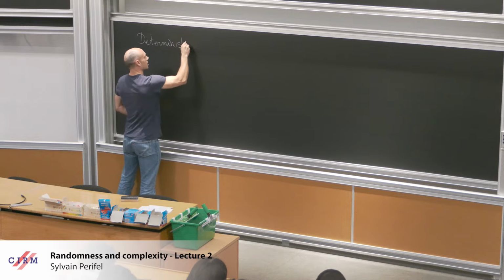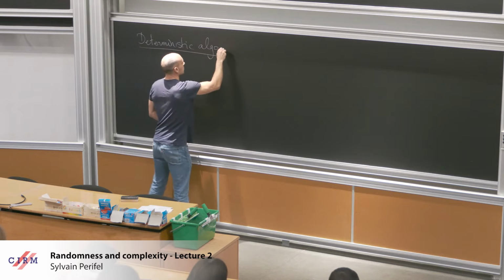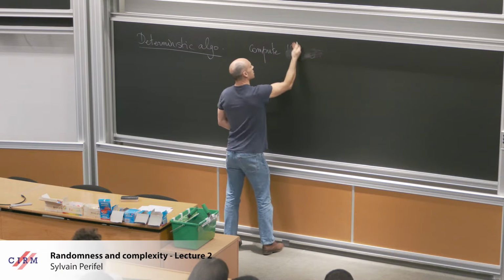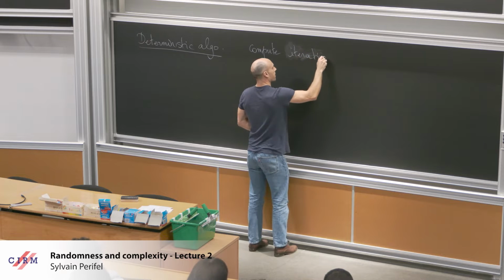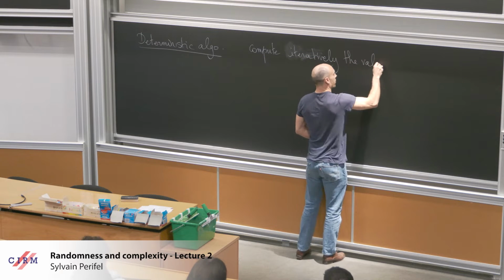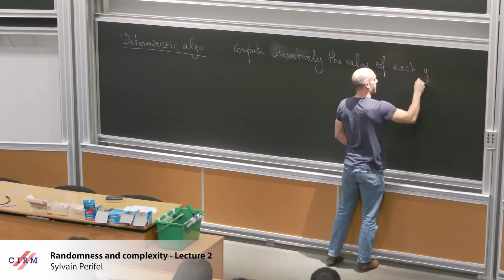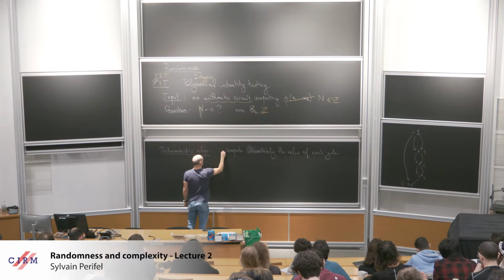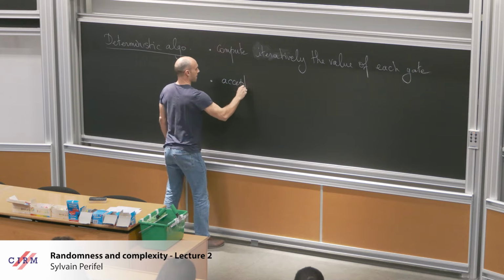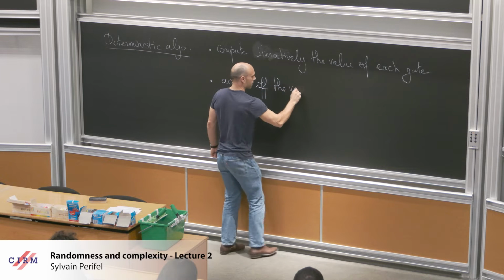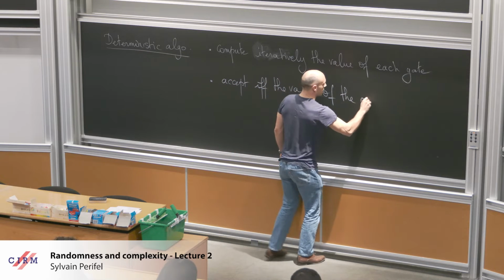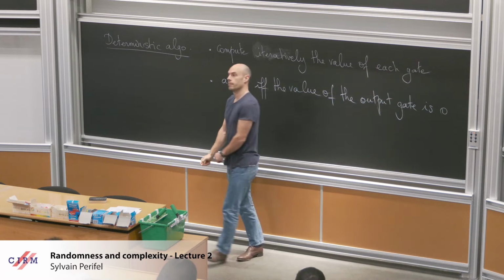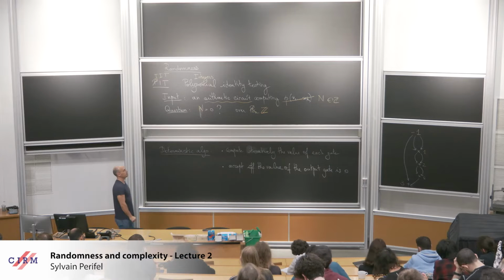Compute iteratively the value of each gate, starting from the input gate, which is a constant, and then accept if and only if the value of the output gate is 0. Very easy.